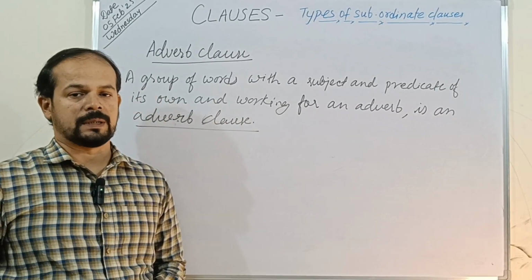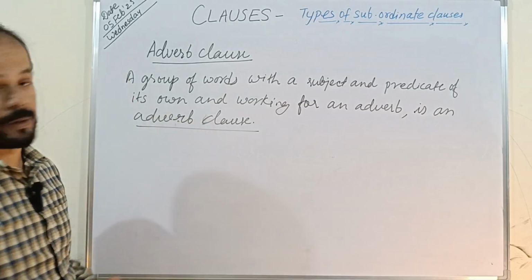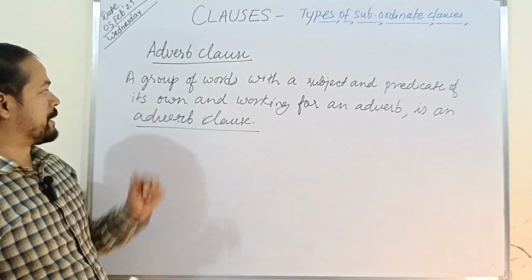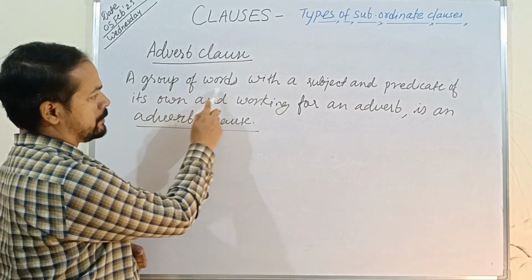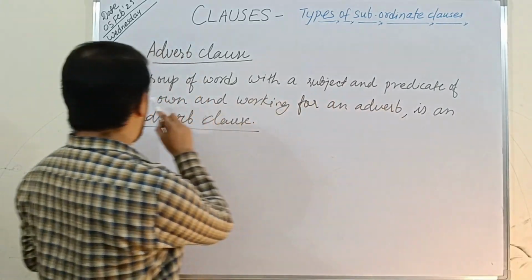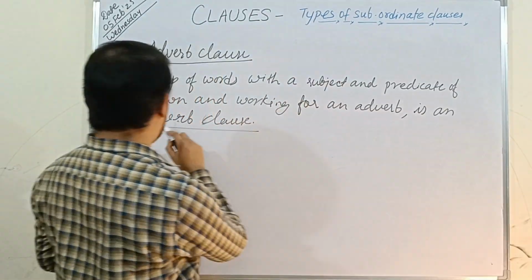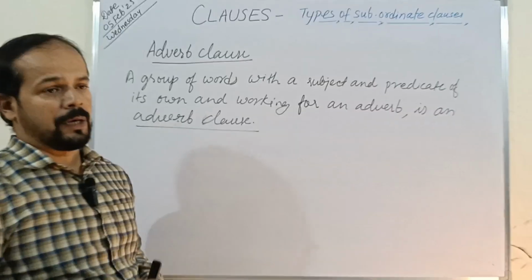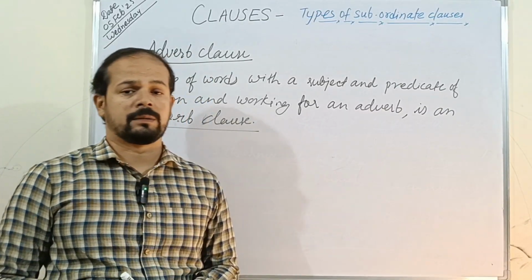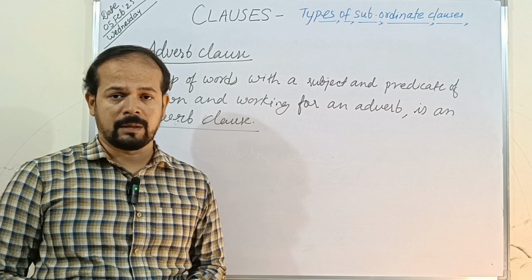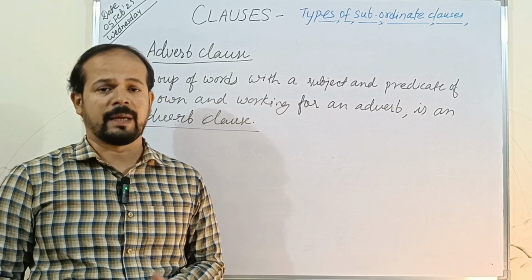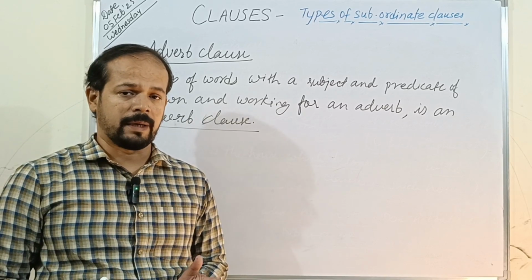Next we are going to discuss and understand the adverb clause. See, here is the definition given: a group of words with a subject and predicate of its own and working for an adverb is an adverb clause. Now, an adverb clause tells us how a thing is done, why a thing is done, where a thing is done, okay?